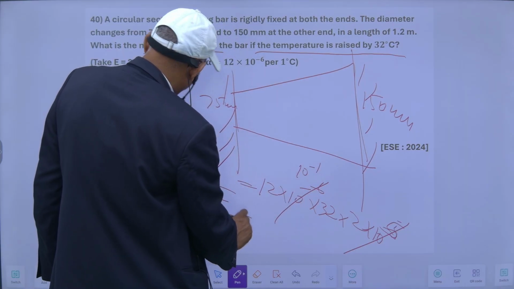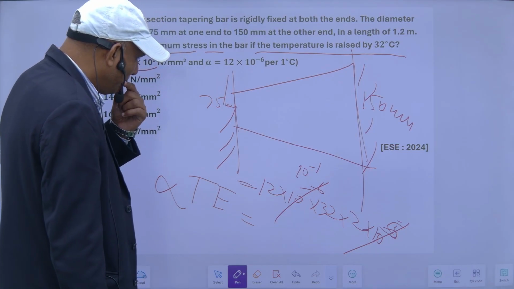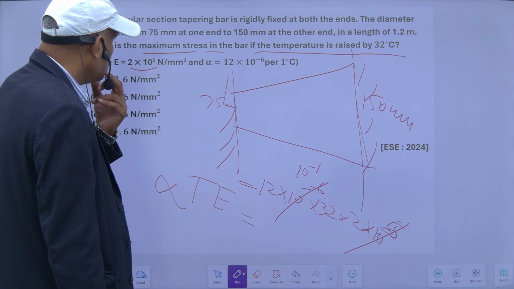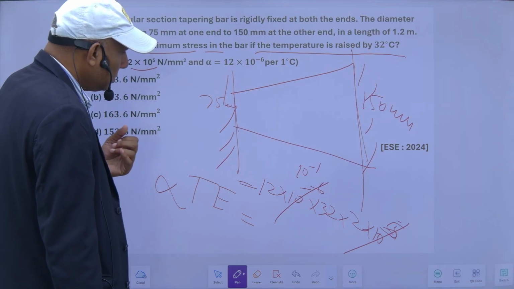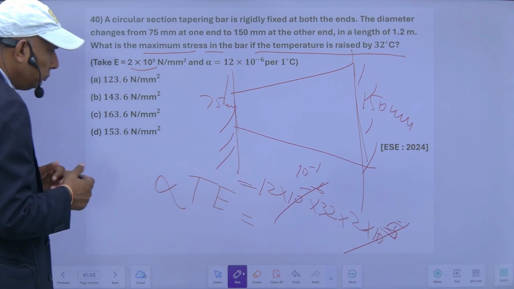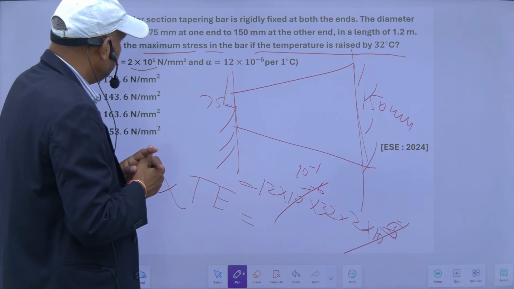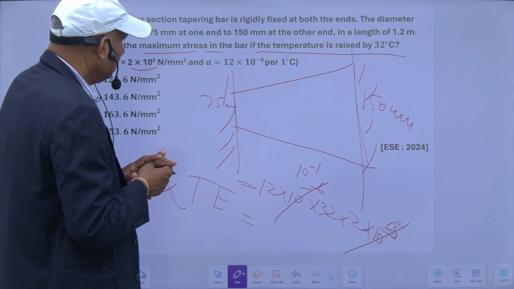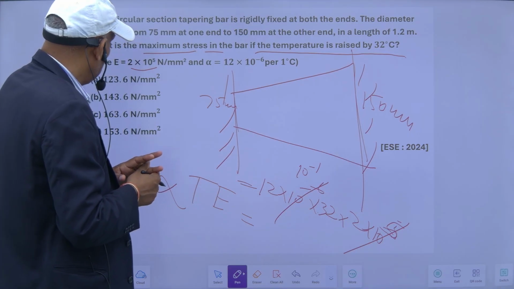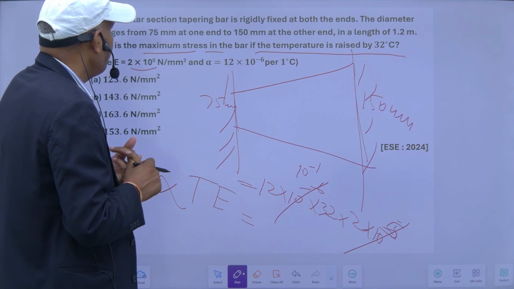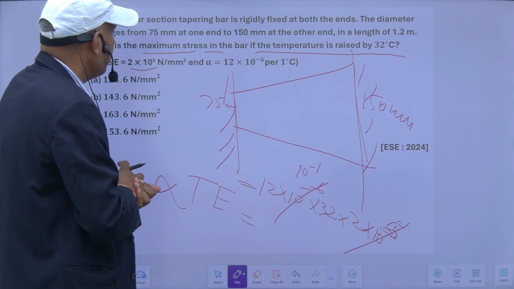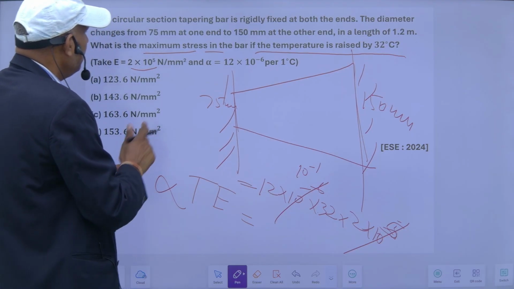So this will be 32 into 2, 64. What is the maximum stress?